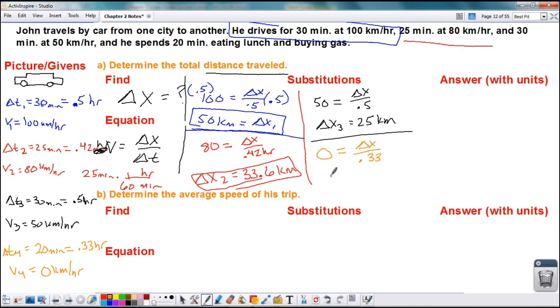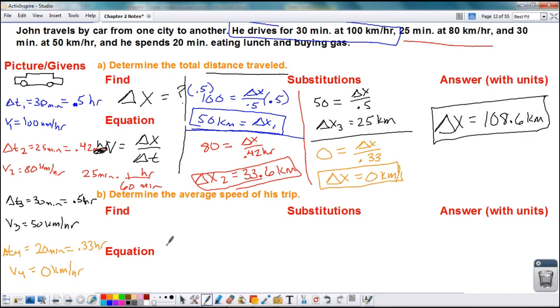Multiply both sides, and he did not go anywhere, which makes sense. Now to find our total distance traveled, we simply add them all up. So 50 plus 33.6 plus 25 plus 0, and we get the total distance that John traveled was 108 6/10 kilometers.